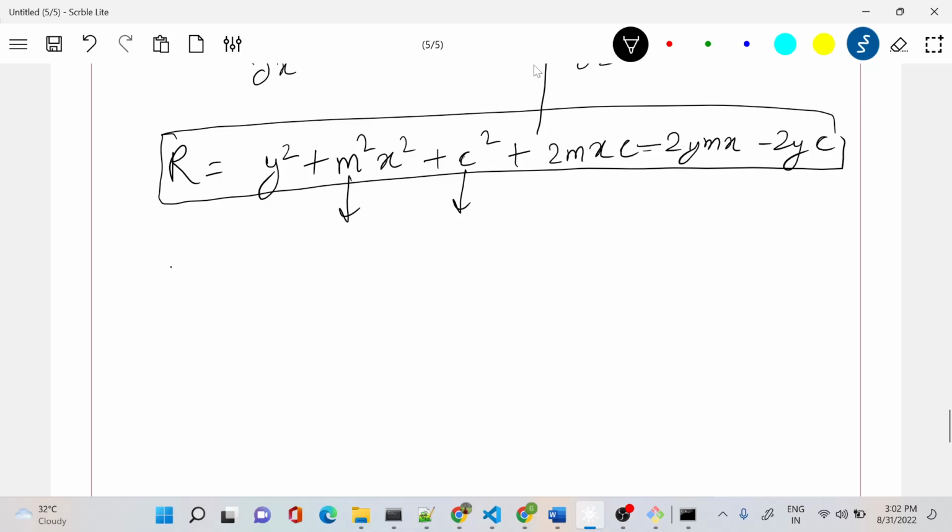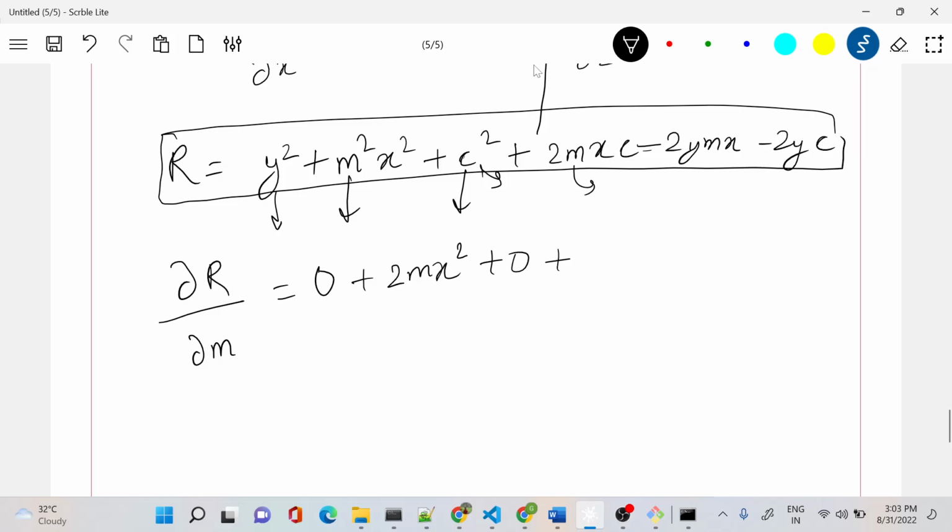If we partially differentiate R with respect to m, here there is no involvement of m in y square, so this turns out to be 0. m square turns out to be 2m, and x square remains the same. In c square there is no m, so it is 0. In 2mxc there is just one m, so it gives 2xc. In minus 2ymx also just m to the power 1, so minus 2yx, and in the last term we do not have any m.